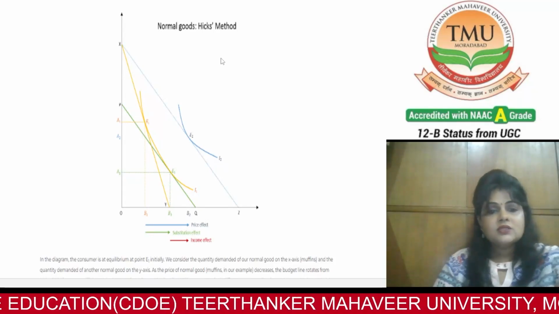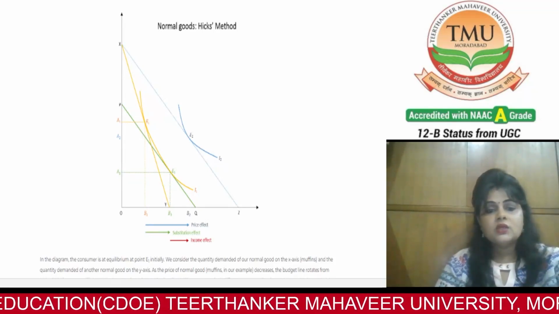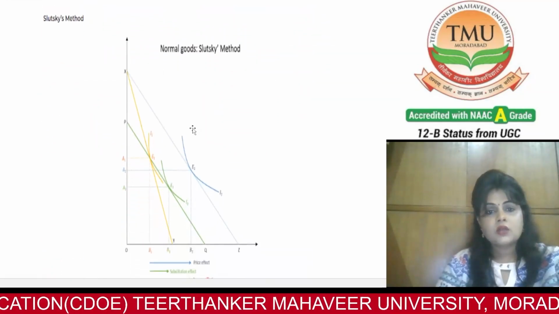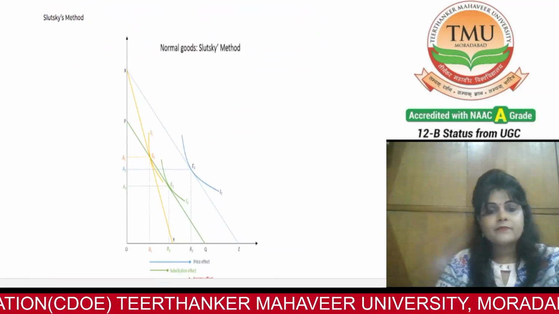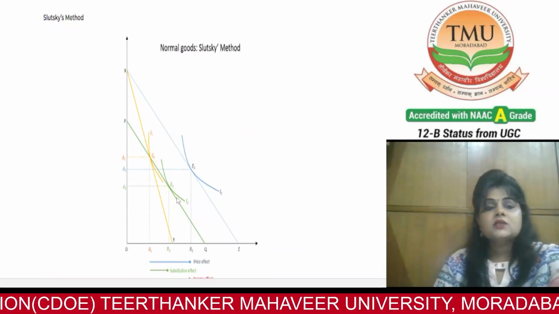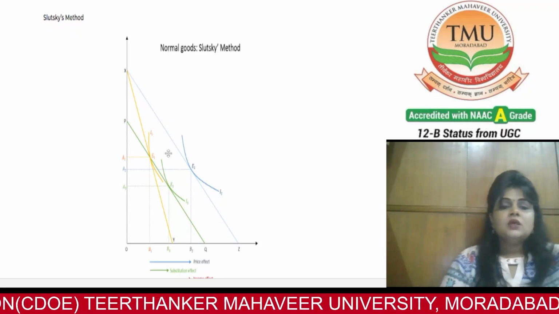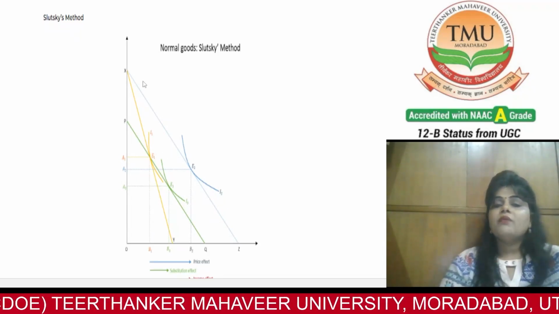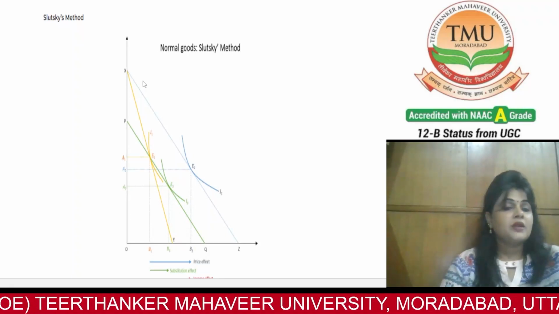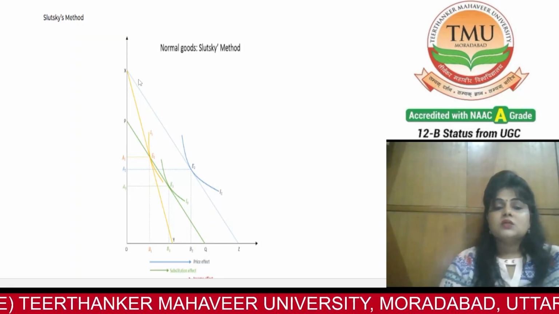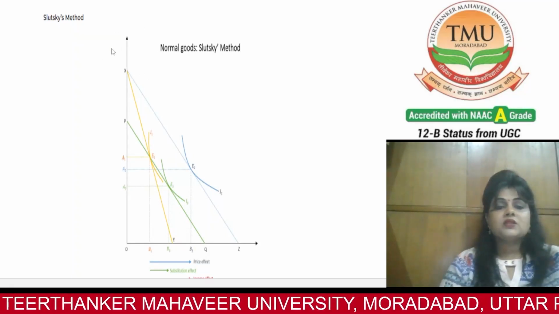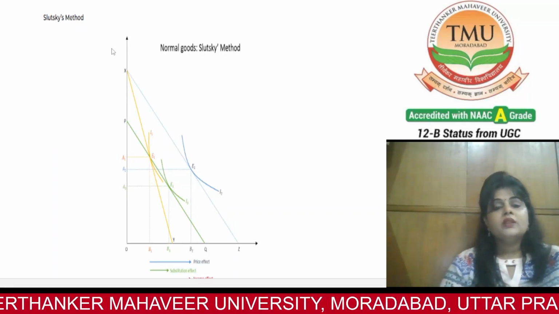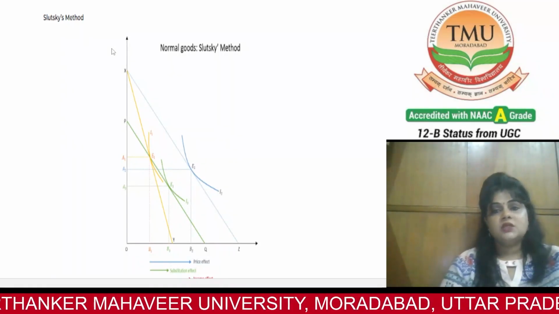While in the Slutsky effect, you see in the diagram, here you can see, Slutsky suggested a different approach where income level must be reduced in such a manner that a consumer is able to purchase the original quantity of goods when there was no price change.